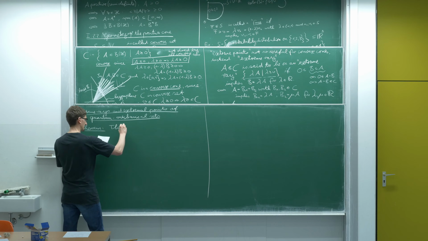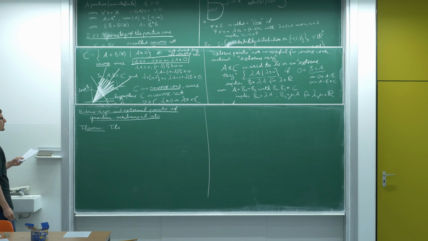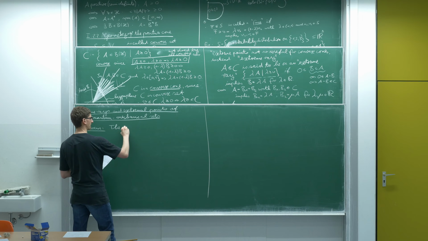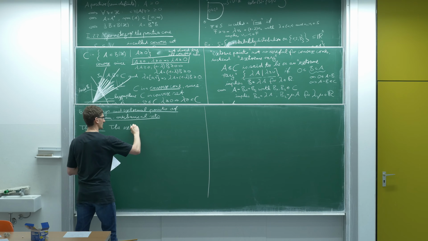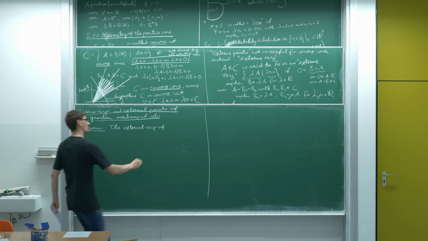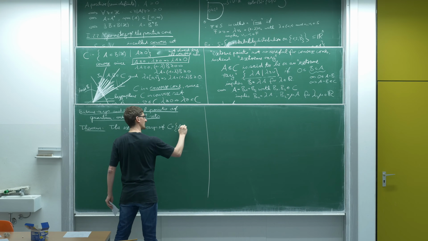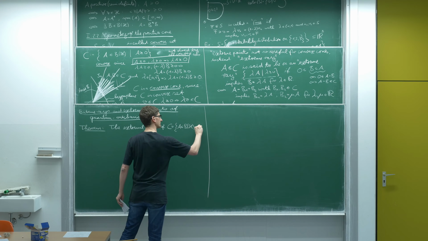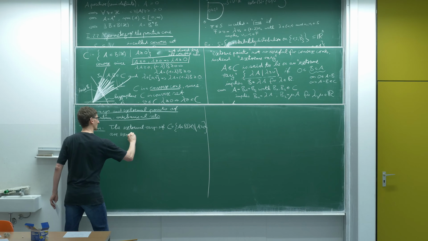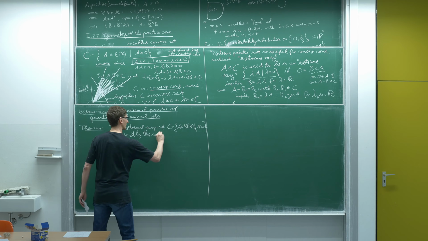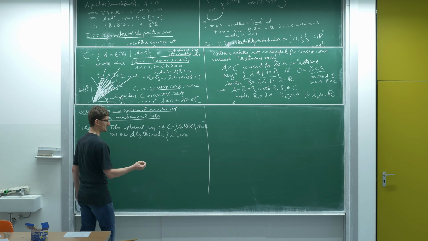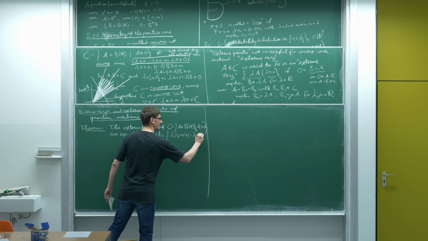So the extremal rays of the convex cone of positive semi-definite operators on a Hilbert space are exactly the sets of all multiples of a rank 1 positive semi-definite operator, where lambda is greater or equal than 0.